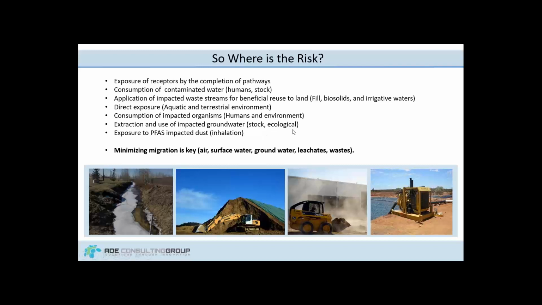Extraction and use of impacted groundwater, again, this covers stock and ecological. And then lastly, dust. So this one mostly applies to humans, but I'm sure it could be applied in an ecological sense as well to lung-breathing animals, which, as we know, tend to accumulate PFAS more. But inhalation is one that hasn't been fully explored.